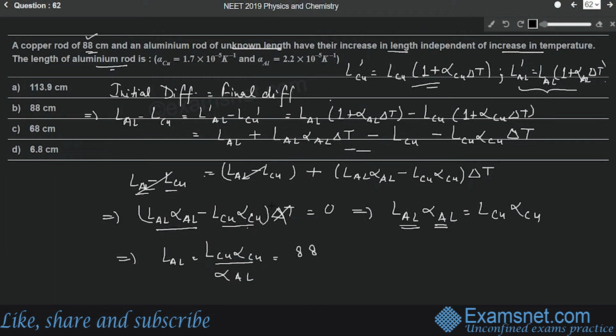So 88 into alpha of copper, which is 1.7 into 10 to the power minus 5, divided by alpha of aluminium, that is 2.2 into 10 to the power minus 5. So on solving this, what do we get? We'll get 68 centimeter. So the correct option will be option number C, 68 centimeter.